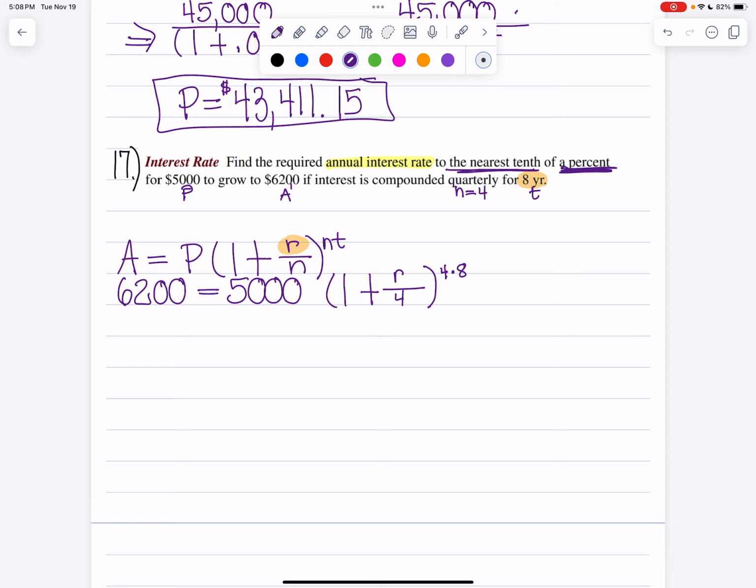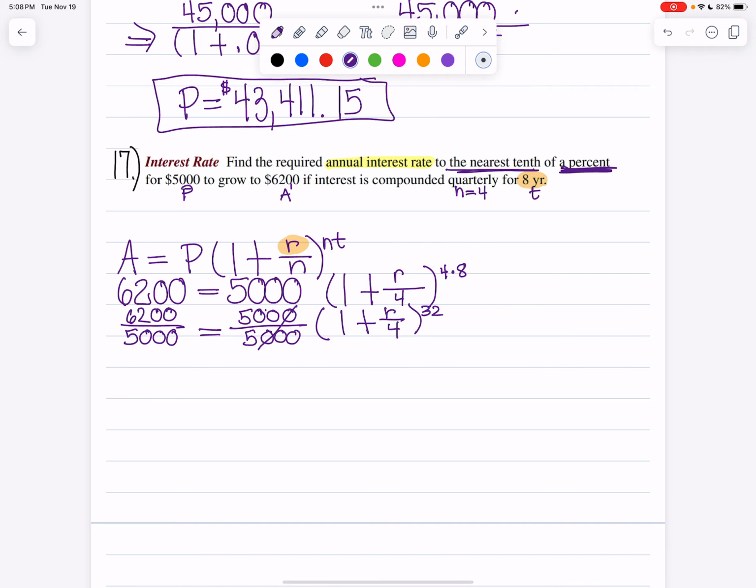We will simplify this. One thing we can do real quick, you all, is get rid of 5,000 and we can divide it on each side. So we get 6,200 divided by 5,000 equals 1 plus R over 4 raised to the 32.